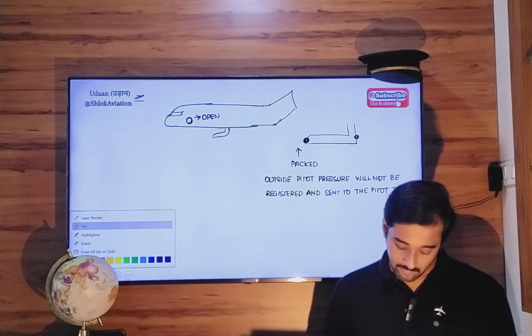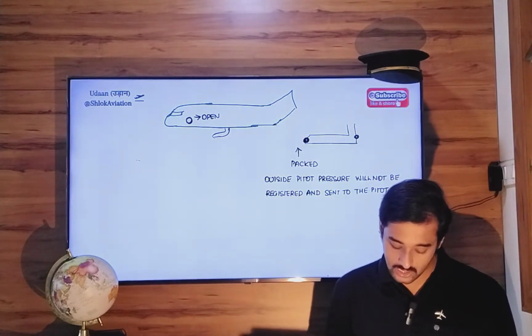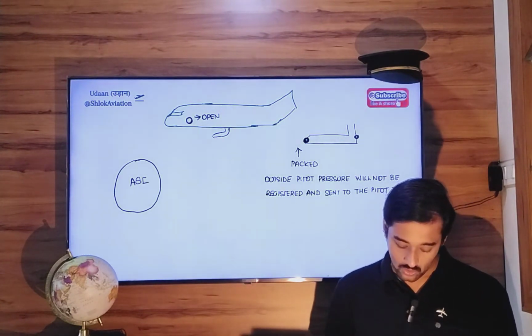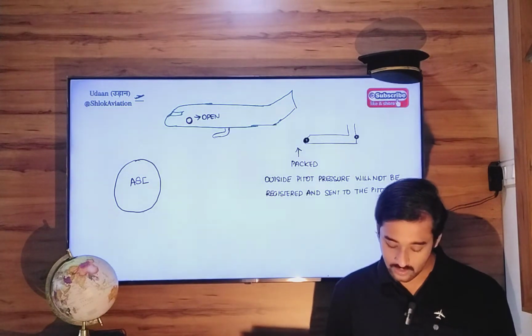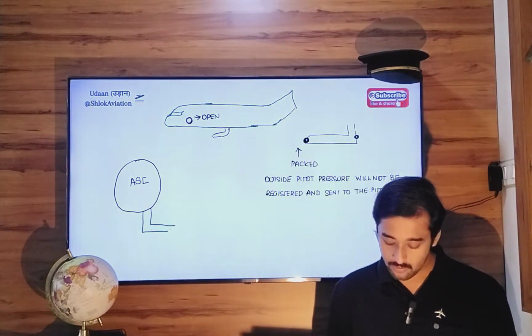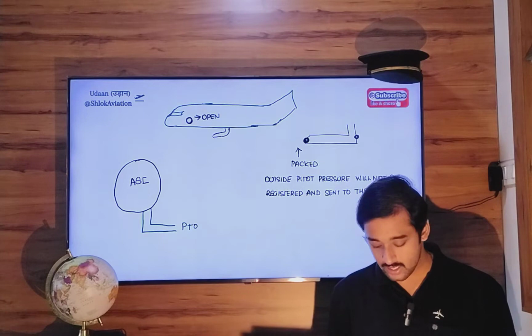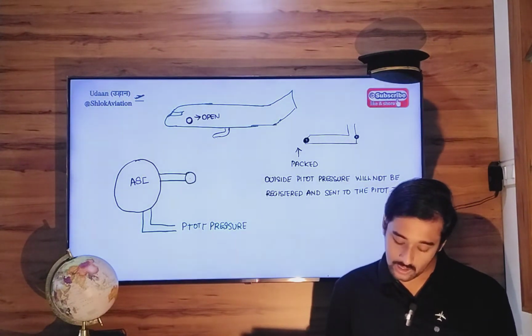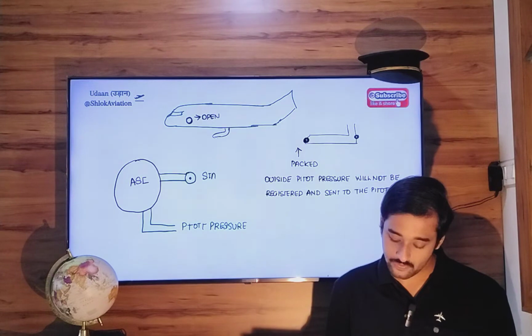So now your ASI instrument, your airspeed indicator, has one pipeline for pitot pressure, correct? And the second one for static pressure.